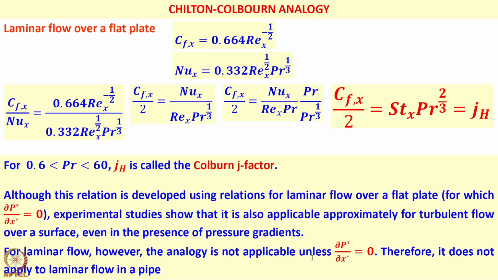Pipe flow inherently involves a pressure loss, right? So dP by dx is what sustains the flow in a pipe. Therefore, Reynolds analogy cannot be applied for internal flow situations. For laminar flow over a flat plate, dP star by dx star equal to 0 is a necessary condition. You can use this for turbulent flow without much loss of accuracy.